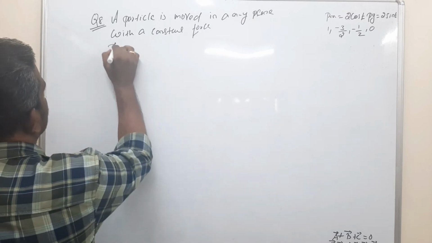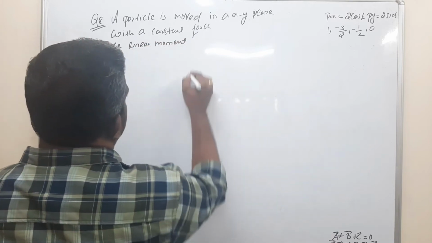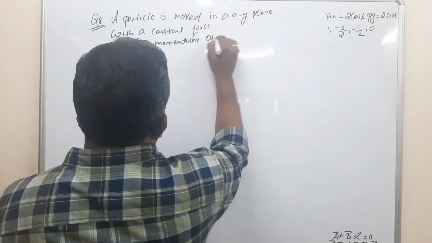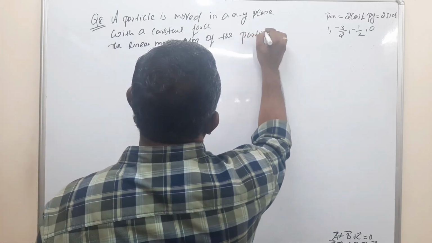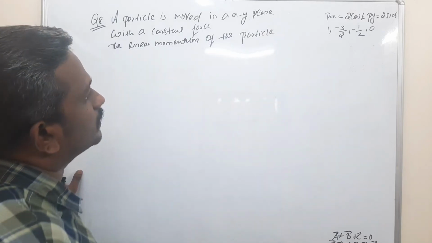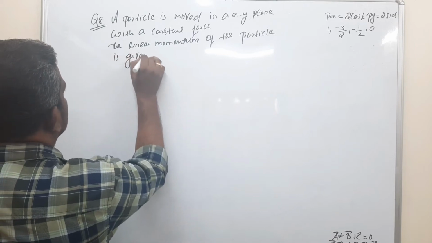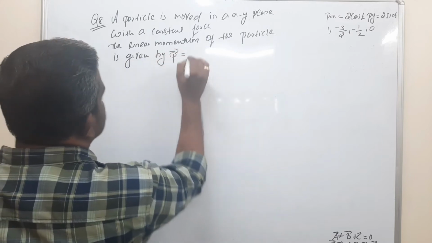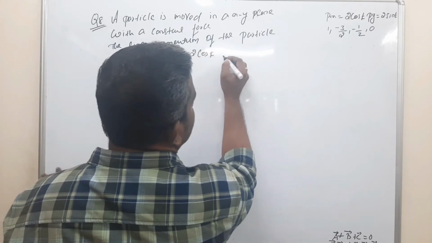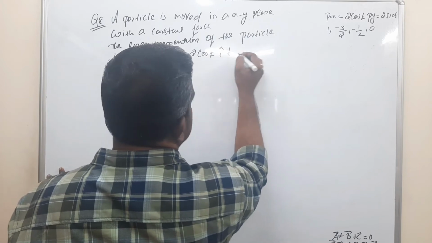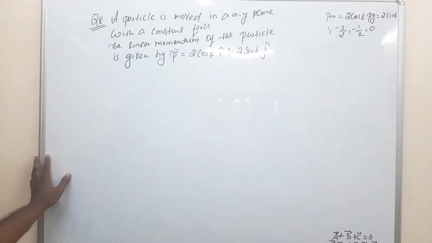The linear momentum of the particle is given by P vector equal to 2 cos t i cap plus 2 sin t j cap.